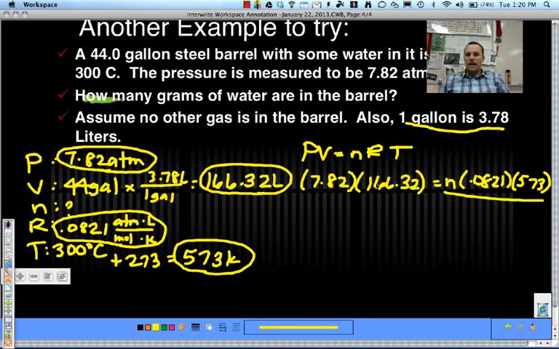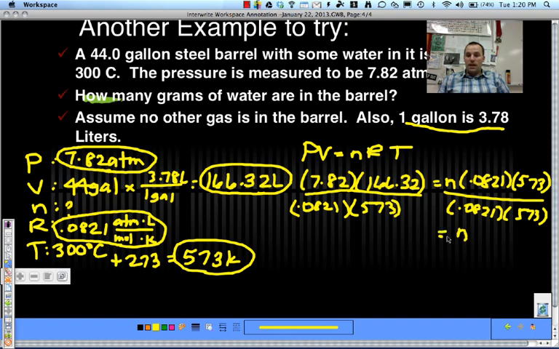So divide both sides by 0.0821 times 573 and we get N is equal to 27.65. But remember, what is N? Moles of water. Okay, and we don't want moles. The question asks for grams. A lot of people would just stop at that point and be like, I'm done. You're not done. Okay, you got one more step.